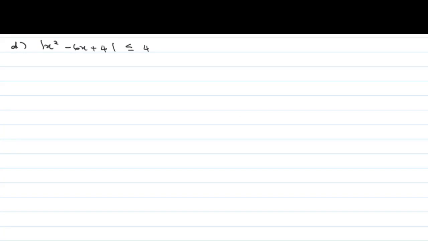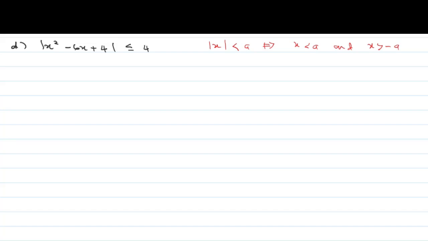For the first example, we have absolute value of x squared minus 6x plus 4 less than or equal to 4. So here we have absolute value followed by less than. So it means that x is less than a and x is greater than negative a.